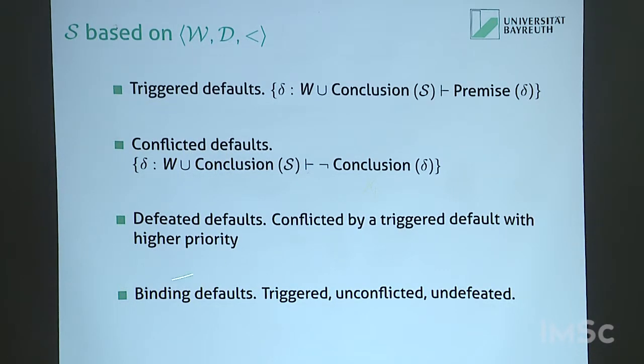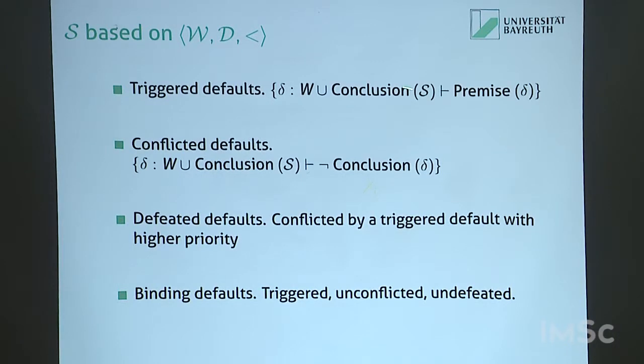Okay, so the idea now is to start with a default theory and compute the binding defaults in that theory. They will often be subsets of the full default theory, because some of them will be conflicting, and there will be defeating relations. And now that we have that, we can reapply and wonder whether in this new theory, the one that contains only the binding defaults, there are now new conflicts.